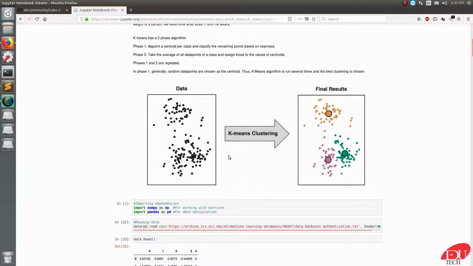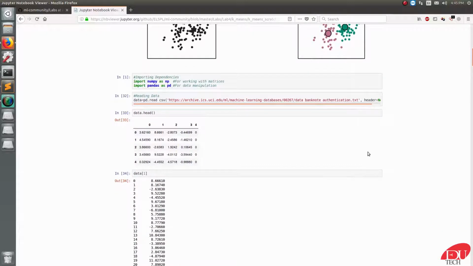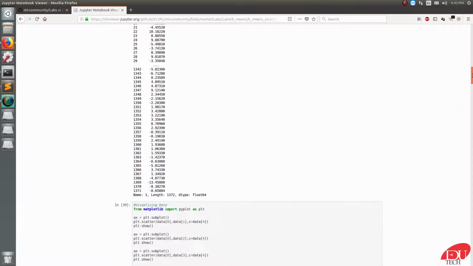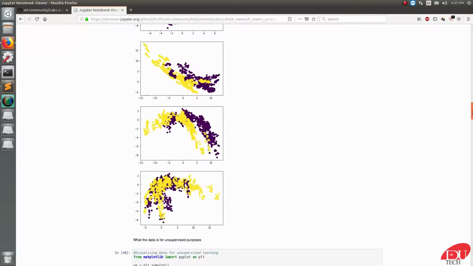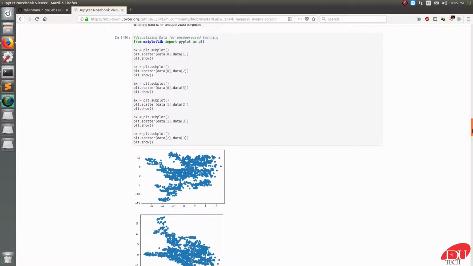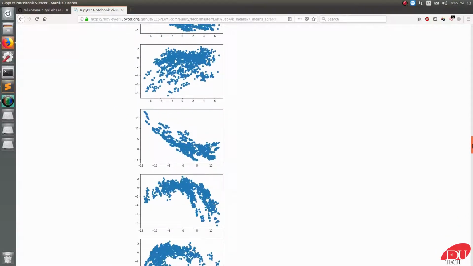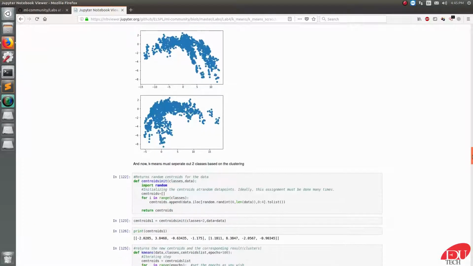So this is a basic understanding of the k-means clustering algorithm, and here's the code. This is a banknote authentication problem on the UCI repository, and we removed the labels, and this is our data now, taking two columns at a time, of course.